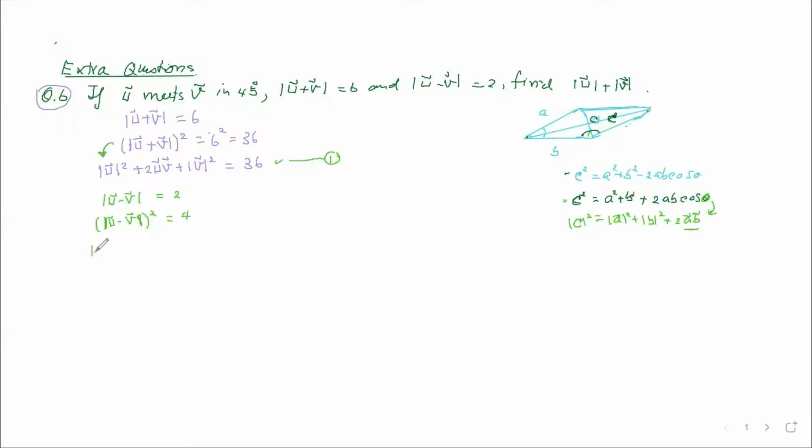So we're going to have the distance of vector u to the power 2, minus 2 vector u times vector v, plus this one, vector v, the whole thing to the power 2, equal to 4. Okay, this one you expand.